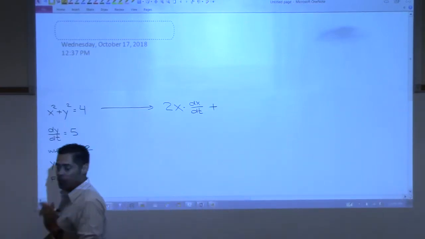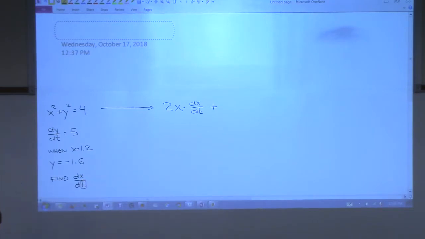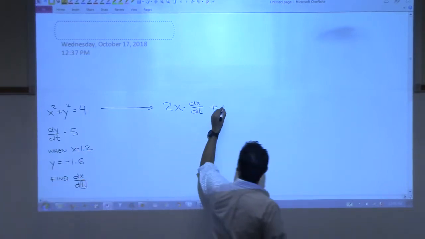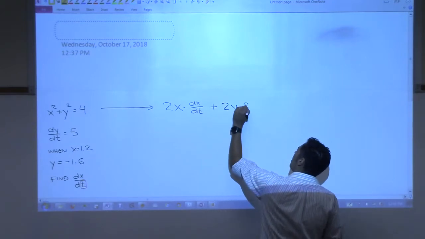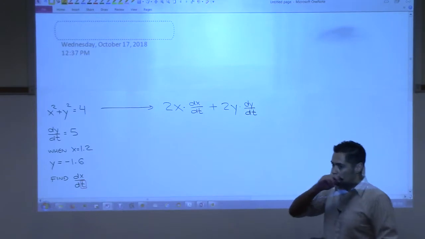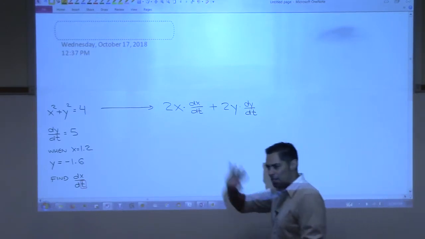Now, this one right here is something that people got wrong on the test. The derivative of y squared with respect to t. What is it? 2y times dy/dt. Let's get the primes out of here.